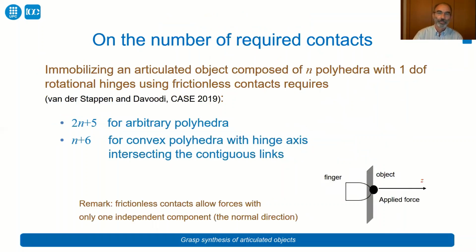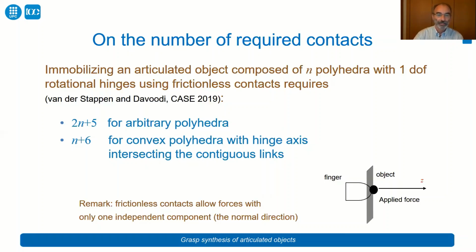Let me now give a few words about the number of required contacts to immobilize an articulated object. Previous works have shown that an articulated object composed of n polyhedra with 1 degree of freedom rotational hinges and using frictionless contacts requires 2n plus 5 contacts for arbitrary polyhedra. So this means that the shape of each link is arbitrary.